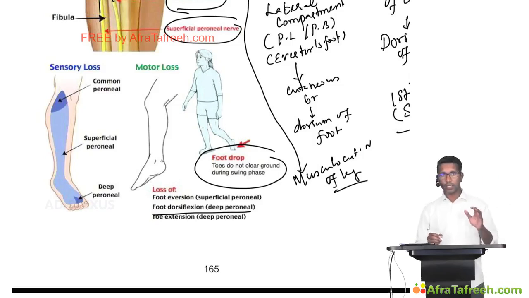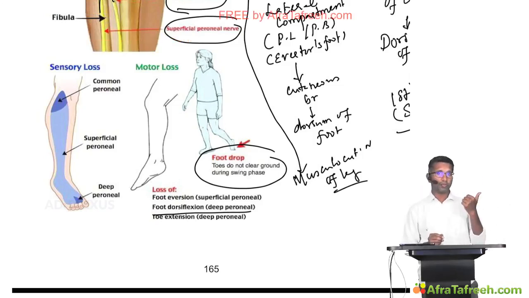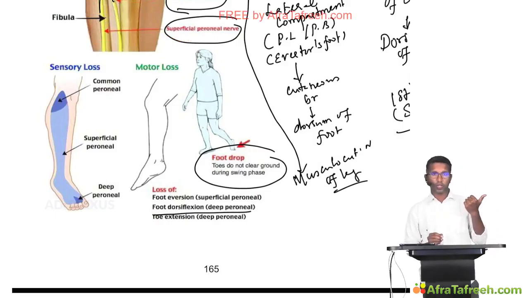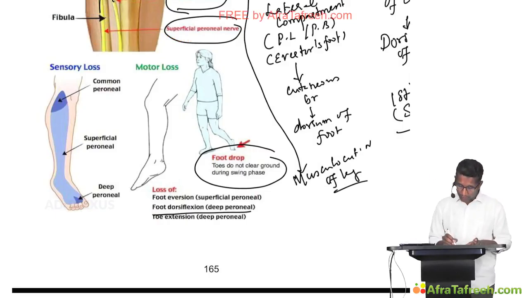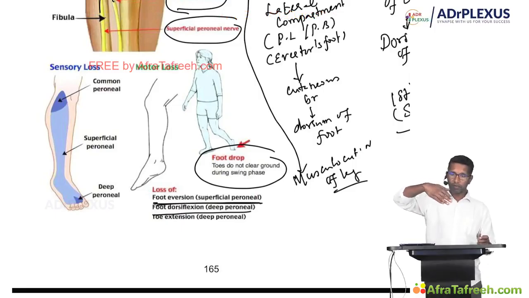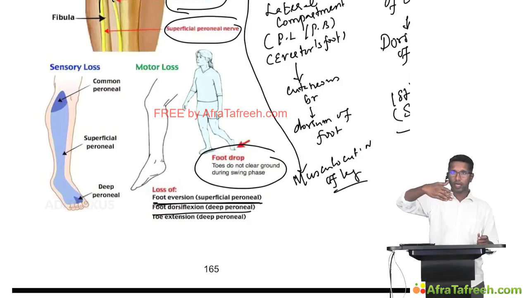When there is a common peroneal nerve injury, the superficial peroneal nerve is also compromised, so foot eversion cannot take place. The foot automatically goes into plantar flexion and inversion, guys.